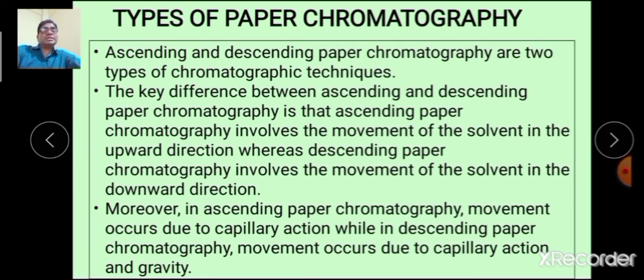Of course, this is the key difference between these two chromatography methods. In ascending paper chromatography, movement occurs due to capillary action, while in descending paper chromatography, it occurs due to capillary action as well as gravitational force, that is gravity.